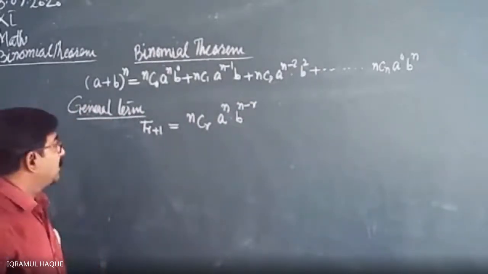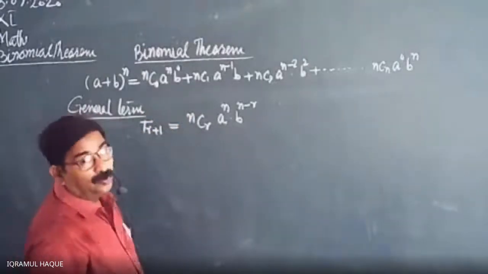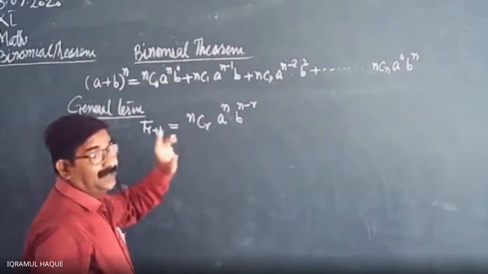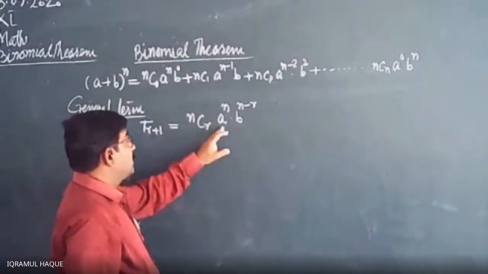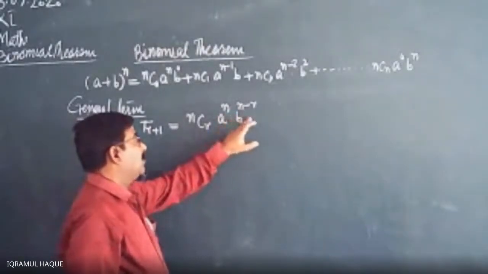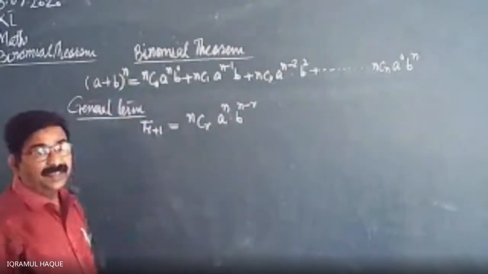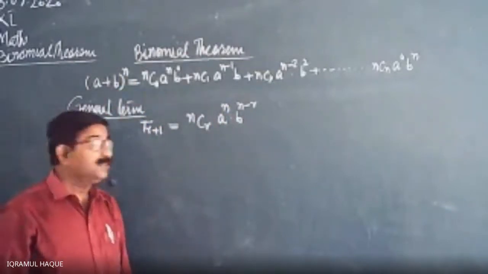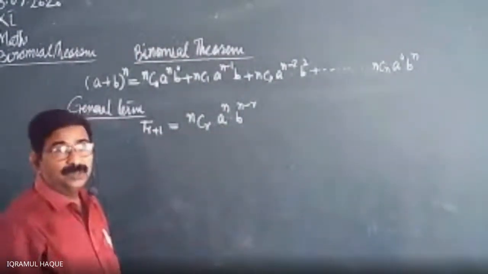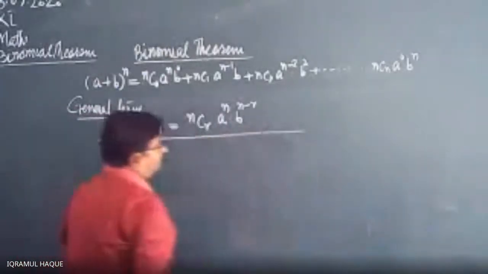General formula means nCR, which term you are going to find, like you are going to find fourth term. So nC4 here, and as I told, the sum of the powers of a and b is equal to the exponent, that is n. Got it? So this is called general term. Now, one more thing.